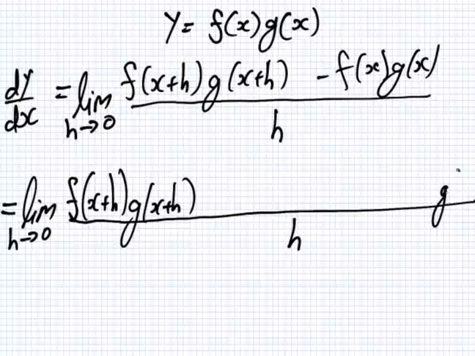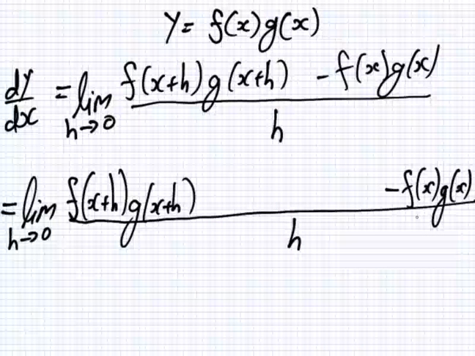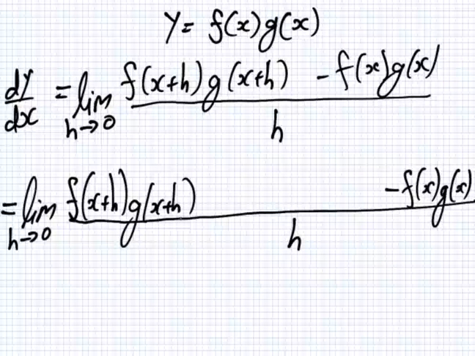Okay. So let's try and find a rule for when we have a product or multiplication. So we have, let's say, y equals f(x) g(x). Now, do you remember the derivative?